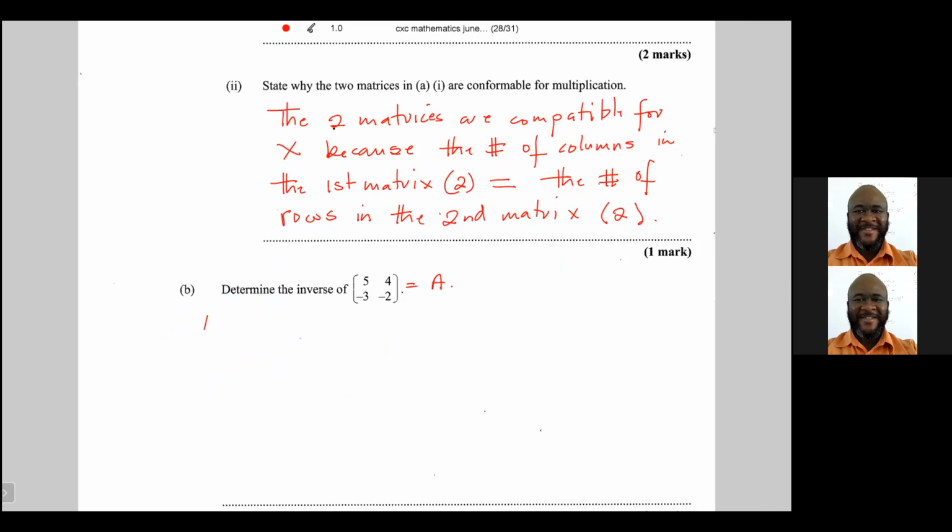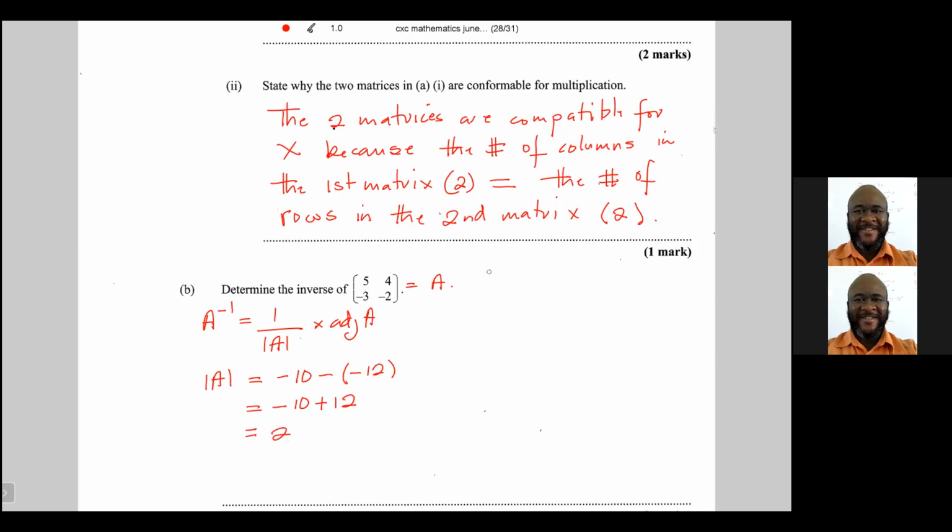So A inverse is equal to 1 over the determinant of A times adjoint A. Now, the determinant of A is 5 times minus 2, which is minus 10, minus 4 times minus 3, which is minus 12. So this is minus 10 plus 12, which is 2.